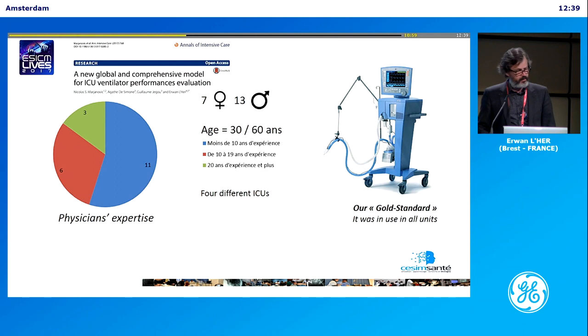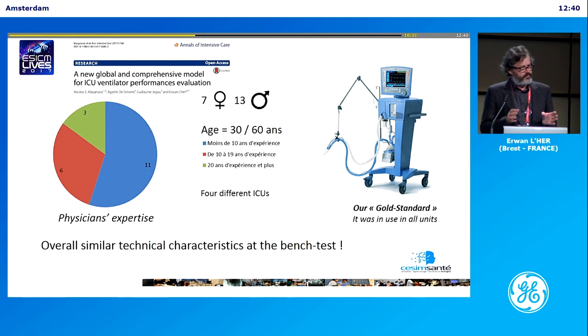They were coming from four different ICUs, medical and surgical, but they all had one characteristic: they were all using a standard device, the AVEA from VISIS, which is no longer commercialized, and we used the AVEA as a gold standard, as a reference.